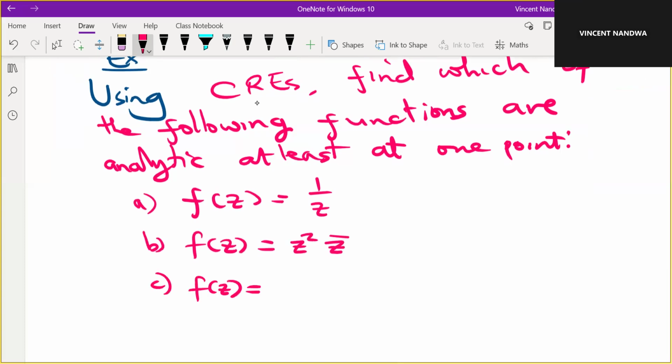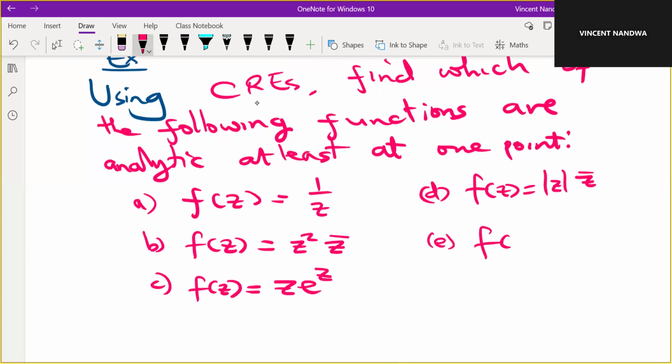C, f of z equals z e power z. D, f of z equals modulus of z times conjugate of z. And then lastly, E, f of z equals sine z.